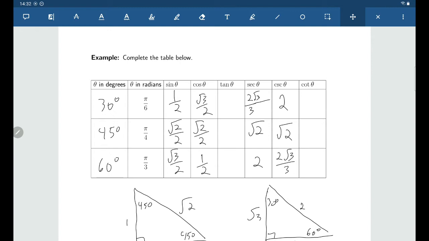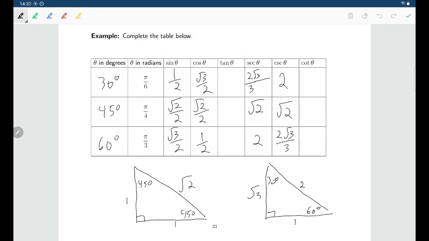And then finally, for tangent and cotangent, you could, again, think in terms of tangent being opposite divided by adjacent, or you could think in terms of being sine divided by cosine. So you could say that tangent of 30 degrees is 1/2 divided by root 3 over 2, which is a half times 2 over root 3, which is 1 over root 3.